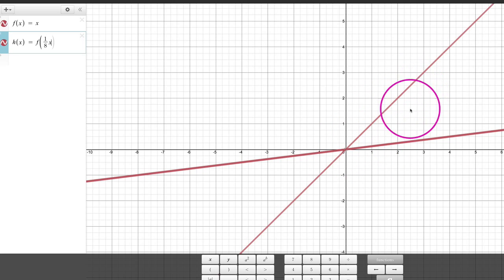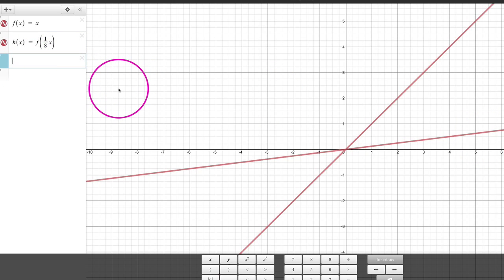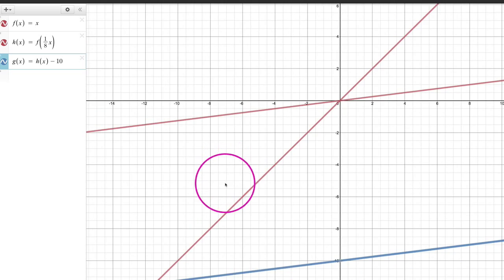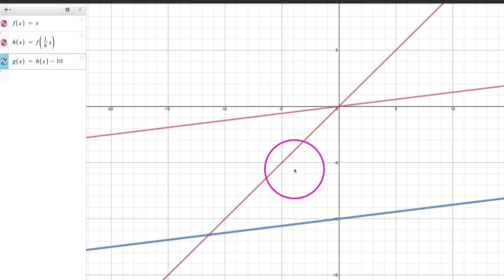Everything on the initial relation has been stretched outward in terms of x values by a factor of 8. Then I've got g of x, which was h of x with 10 taken off of it. It's kind of hard to see, but if I zoom out a little bit, you can see that we've shifted it down 10.